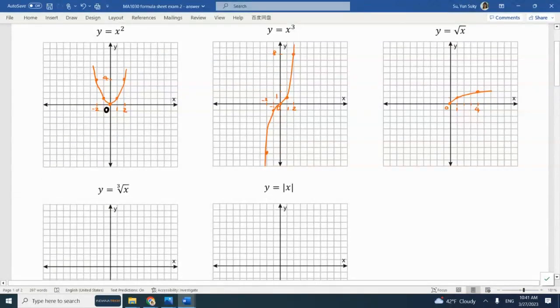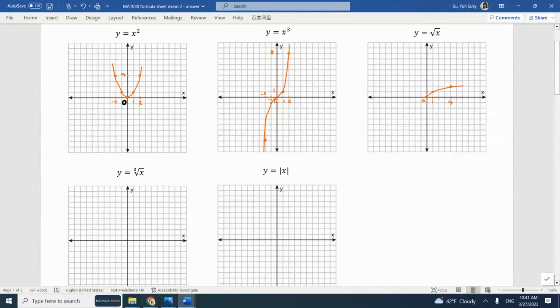How about cube roots? (0, 0), (1, 1), and the cube root of what number is an integer? 8. Yes, the cube root of 8 is 2. So (8, 2), and the y coordinate is 2. On the other side, for -1, you get what?